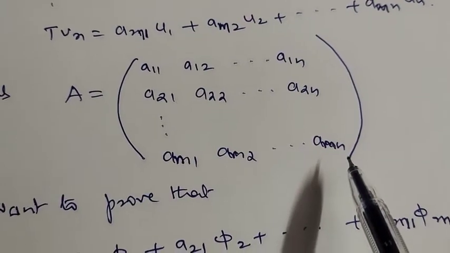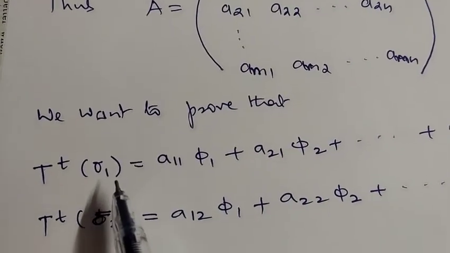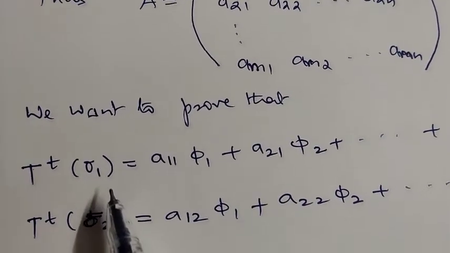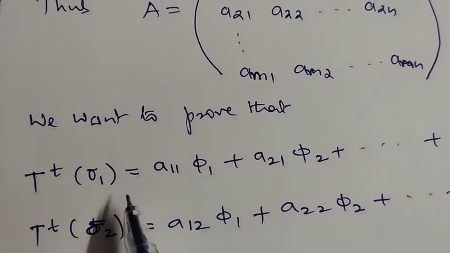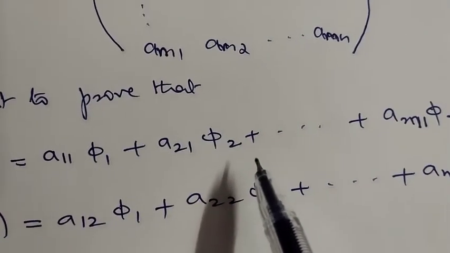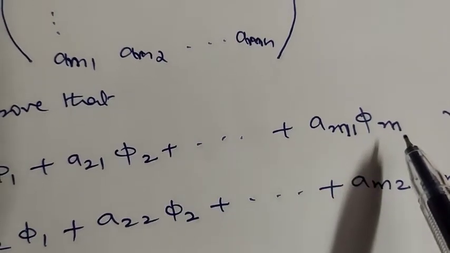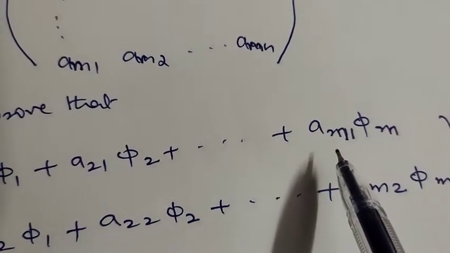Now we need to find the matrix of T^T. We need to show that T^T of sigma 1 is equal to A11 phi 1 plus A21 phi 2 etc. plus Am1 phi m. Be very careful, indexing is very important.